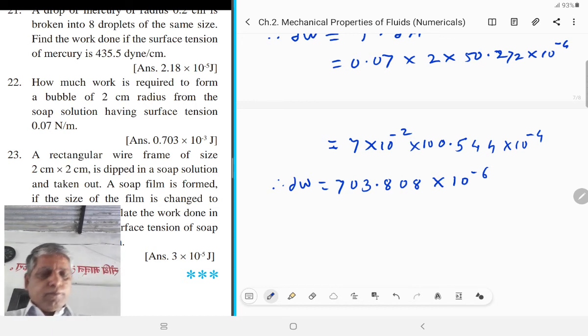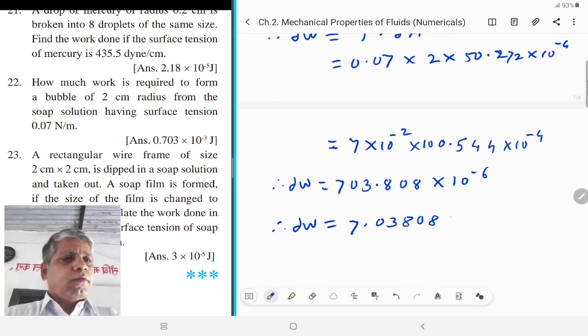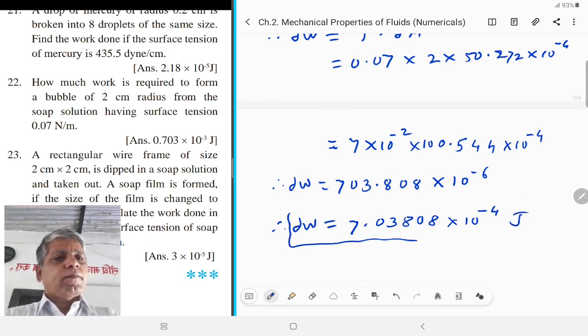So work done dW is equal to 7.03808 into 10 raised to minus 4 joule. This is our work done.